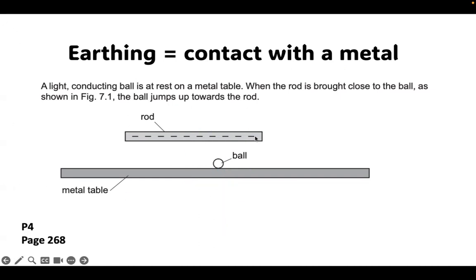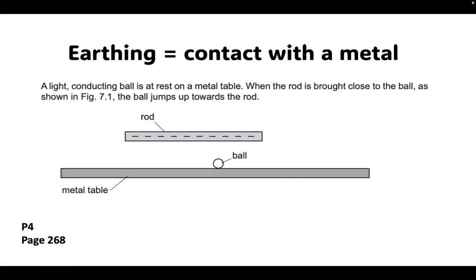The question says it jumps, but it doesn't stay up forever. It has to fall. The next question in the page says the ball touches the rod and then falls back down to the table. Do you know why? Because when it touches the rod, it gains a negative charge from the rod, so it becomes neutral, right?